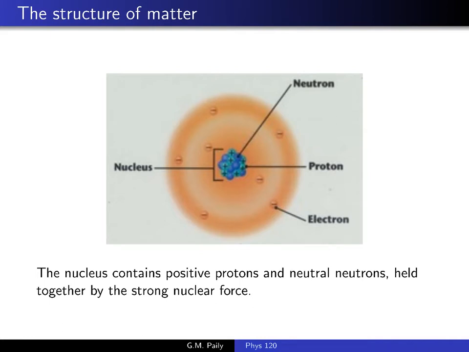The same element can have different isotopes. These isotopes differ in the number of neutrons in the nucleus. For example, carbon occurs in both carbon-12 as well as the carbon-14 isotope.